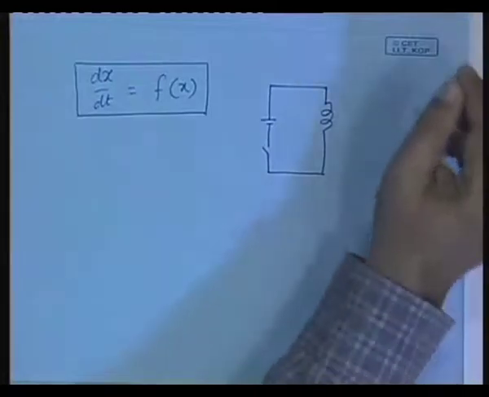Normally what we do is, given any system, we try to define a set of variables which uniquely define the dynamical status of the system.